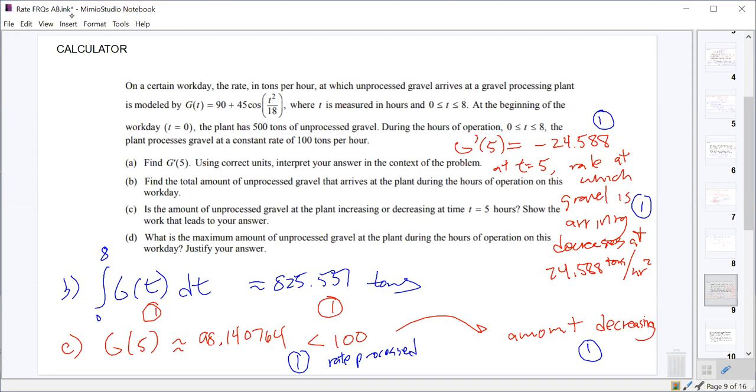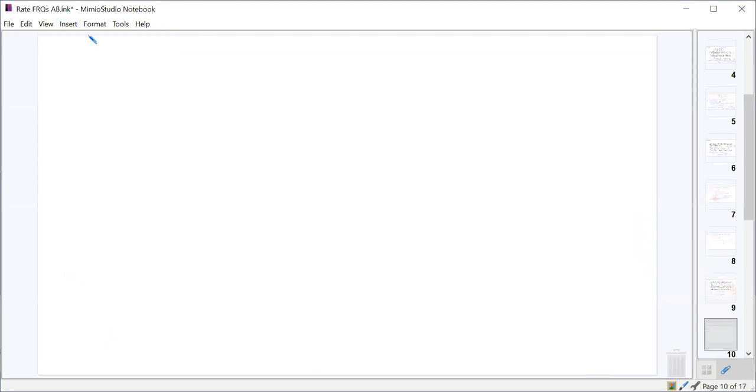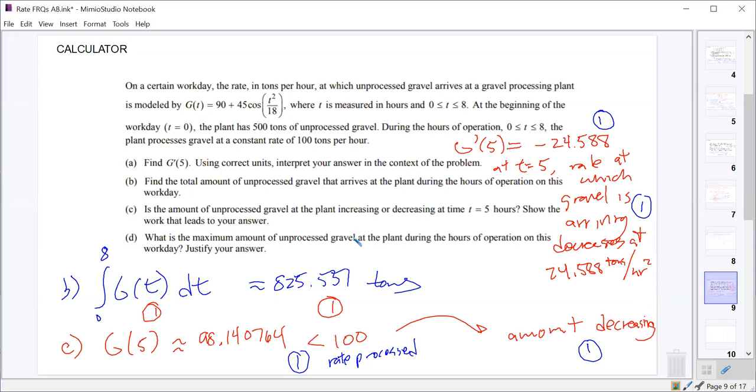Part D. So part D says, what's the maximum amount of unprocessed gravel? So we need to write an equation to represent the amount of unprocessed gravel.